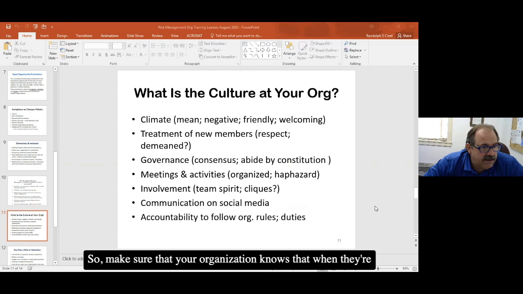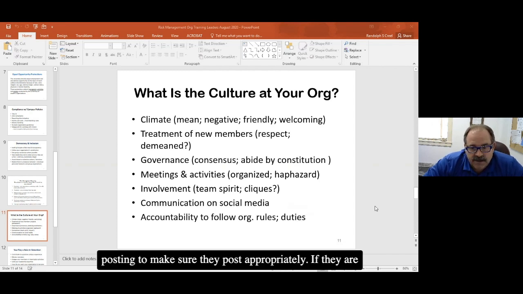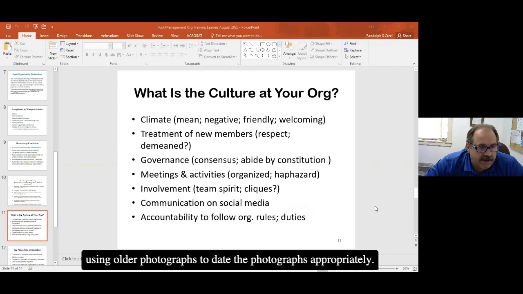So make sure that your organization knows that when they're posting, to post appropriately, and if they're using older photographs, to date the photographs appropriately.